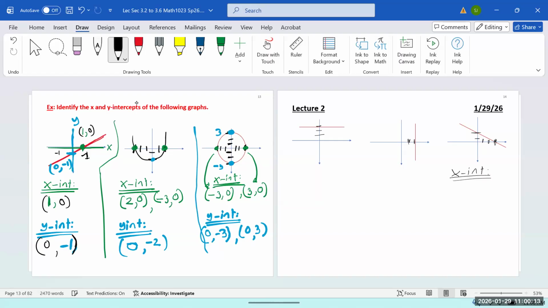Who can tell me the x-intercept for the last graph? 3, 0.